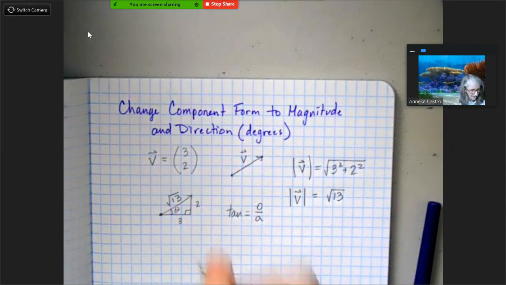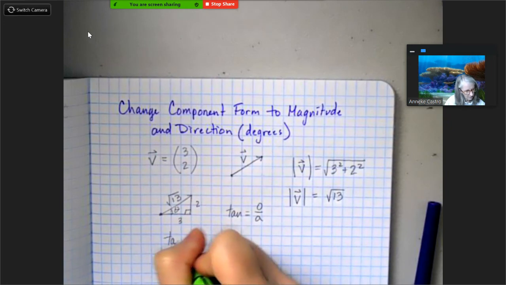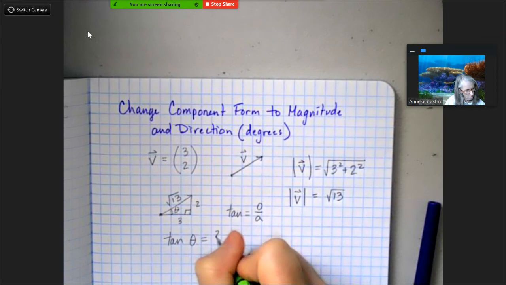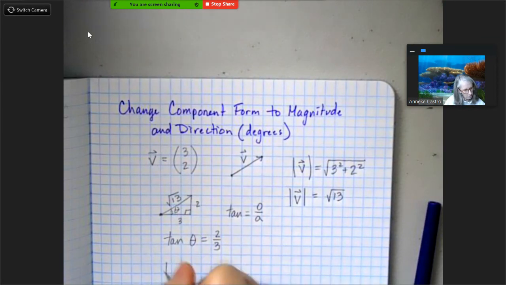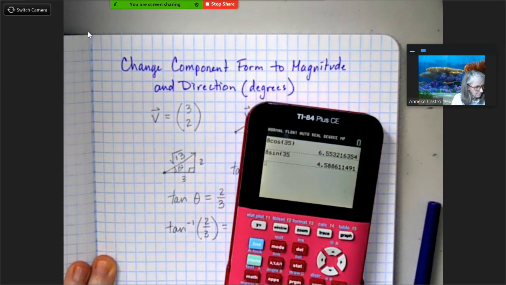So this angle in here, theta: the tangent of theta is equal to opposite over adjacent, 2 over 3. So I'm going to do the inverse tangent of 2 over 3 to give me my theta. I just need to use the inverse function. If I put that into my calculator, a little reminder, how do we do that? I do second tan.